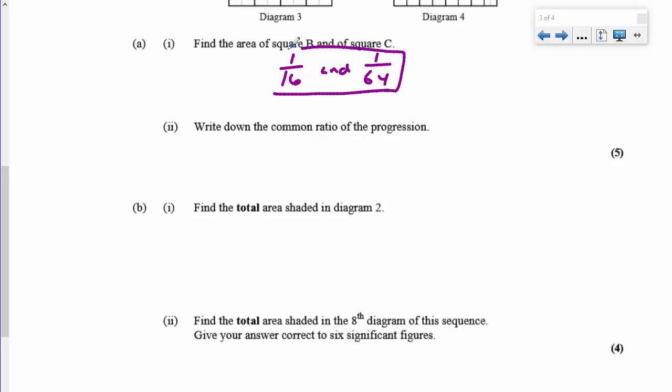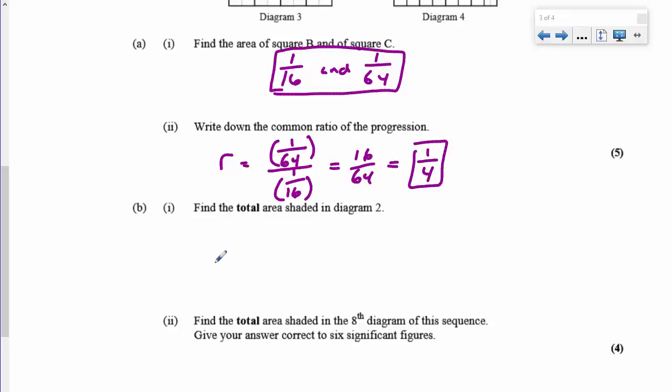What's the common ratio of the progression? What did I multiply this by to get 1 over 64? Or I could say r is equal to 1 over 64 divided by 1 over 16. This is going to equal 16 over 64, which is in fact equal to a fourth. r is a fourth. That's your answer.